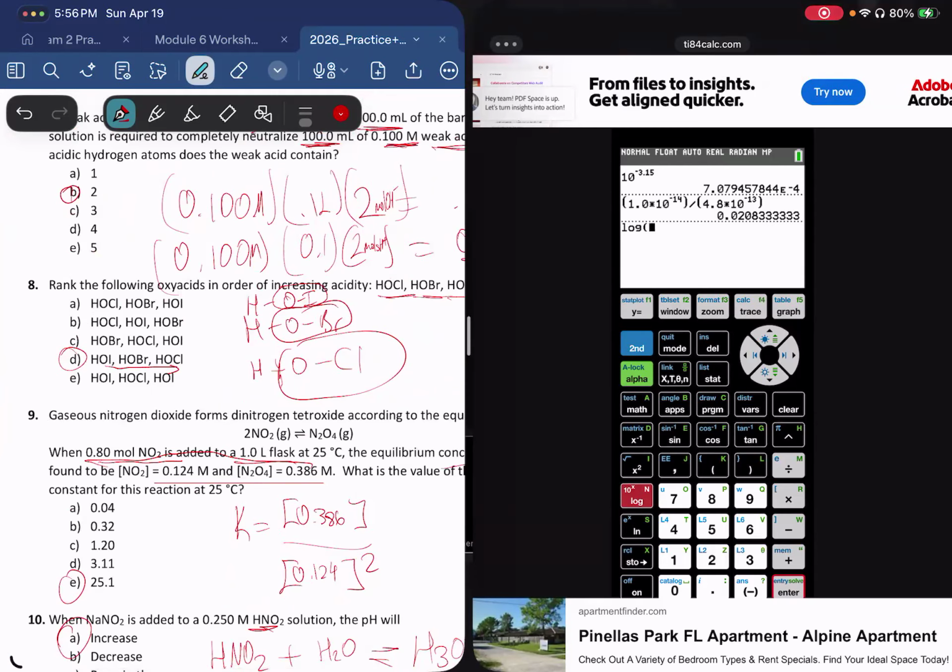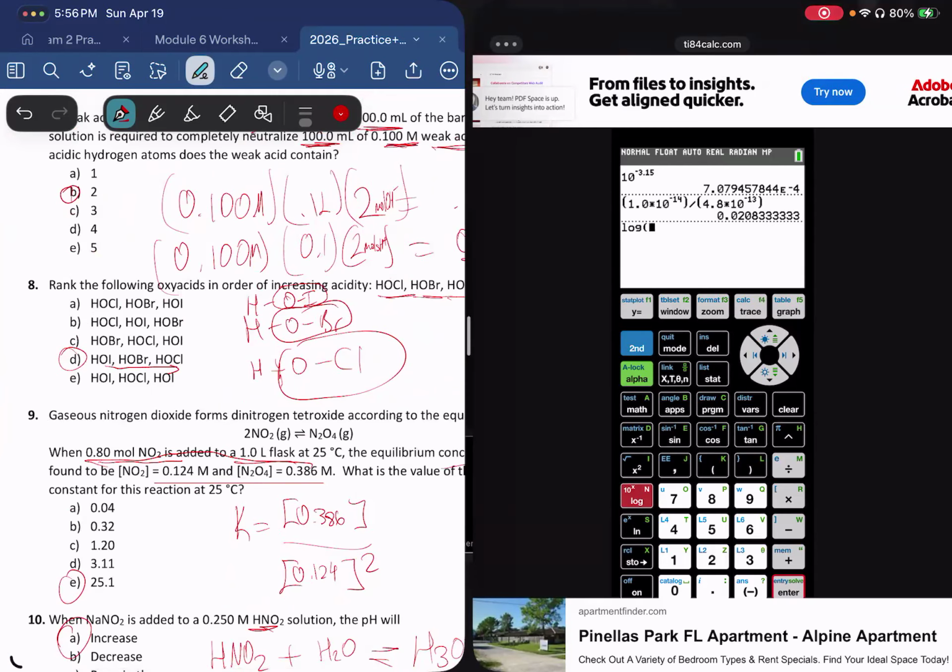That's why the K value shows that there's more reactants than products, because these two species don't want to exist, basically. HF is more readily able to donate its hydrogen to OCl minus than the other way around. HOCl is not as ready to donate its hydrogen to F minus.